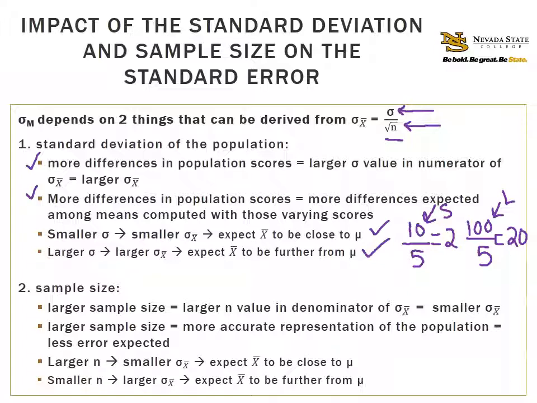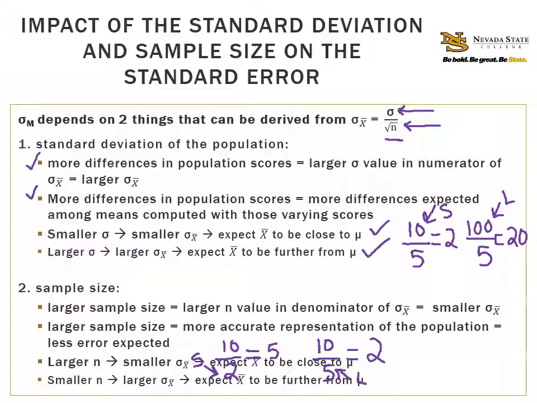If we have, let's see, 10 divided by 2, right? We're keeping the numerator the same, just a different denominator, a different sample size. If we have a smaller sample size or a smaller denominator, we're going to have an overall larger value. But if we have a larger denominator, we're going to have an overall smaller value.